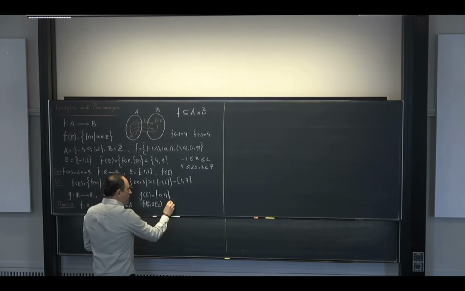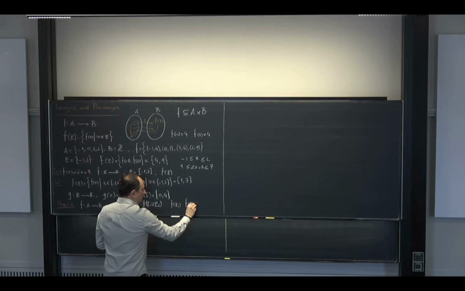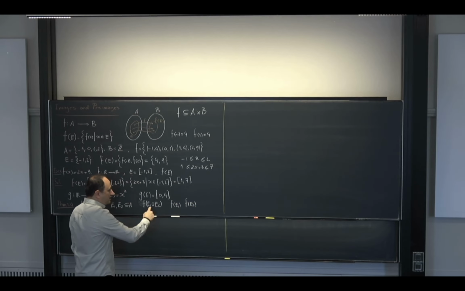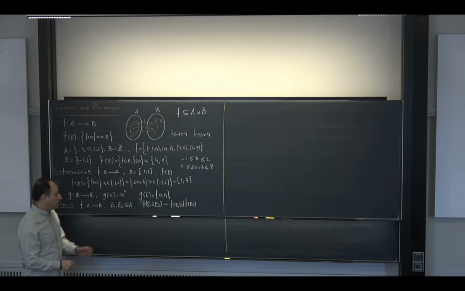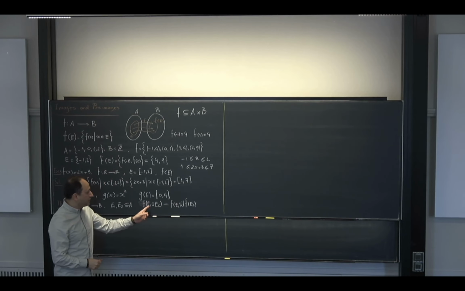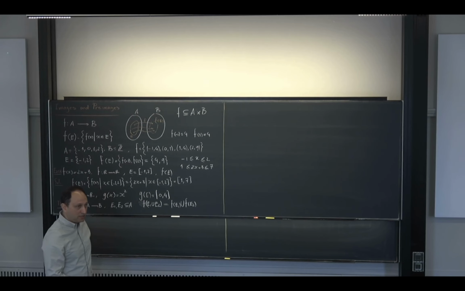And it also makes sense to talk about them individually. The natural question is: is there any relation between these two? The answer in this case is yes, they are equal. So you can say that f of the union is f of the first one union f of the second one. But as you see for the other two cases, this is not the case.